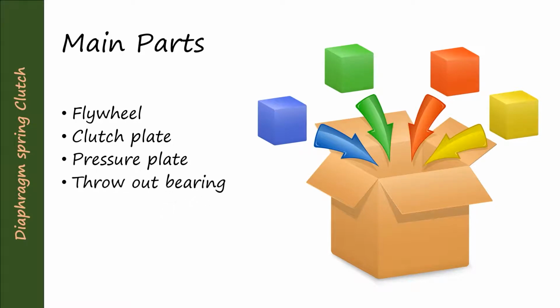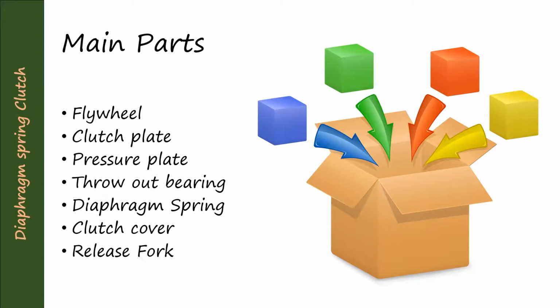And number four, throwout bearing, diaphragm spring, clutch cover and release fork. These are the 7 main parts of the diaphragm spring clutch. As I told, write step by step, then the presentation will also look good and you can understand it in order to memorize it or to understand the concept. It will be easy for you also.